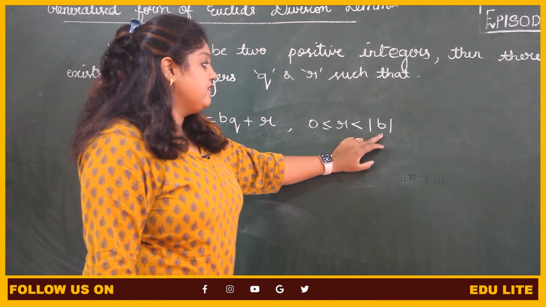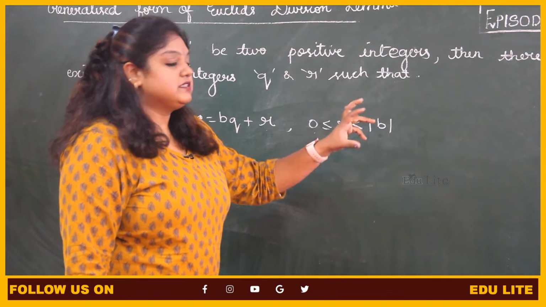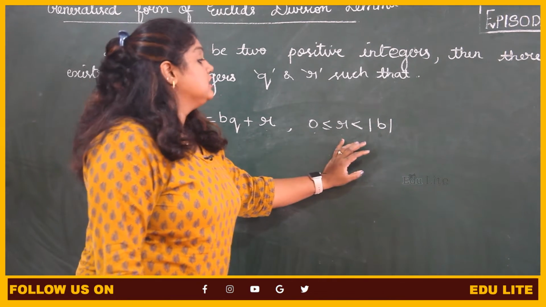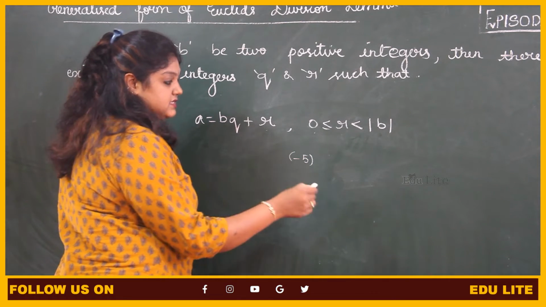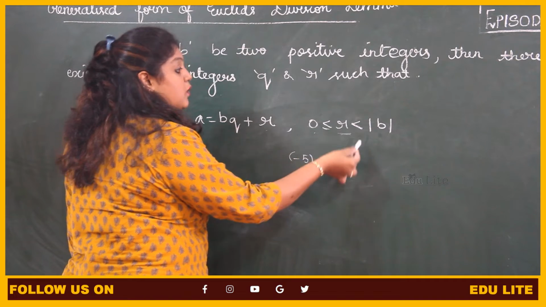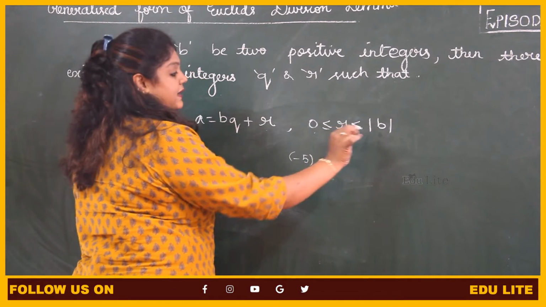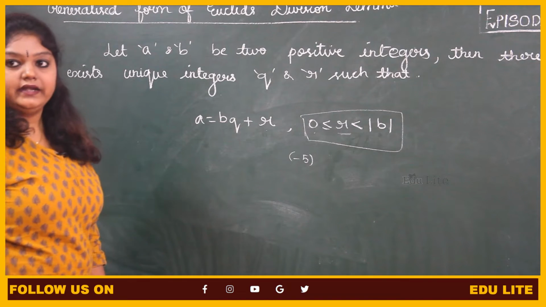If the B value is negative, if we take the modulus, we should consider only the positive value. So, for example, if the B value is minus 5, within the modulus it will become plus 5. So R value must be less than plus 5. This is what this inequality represents.